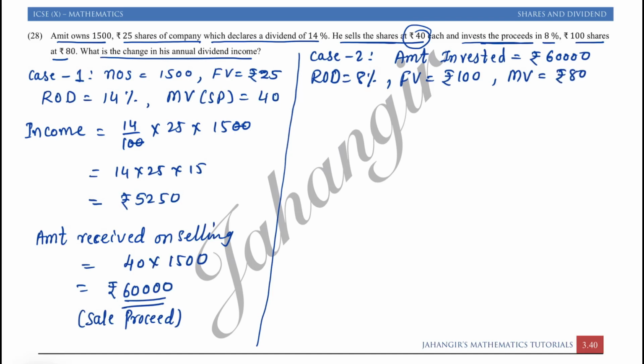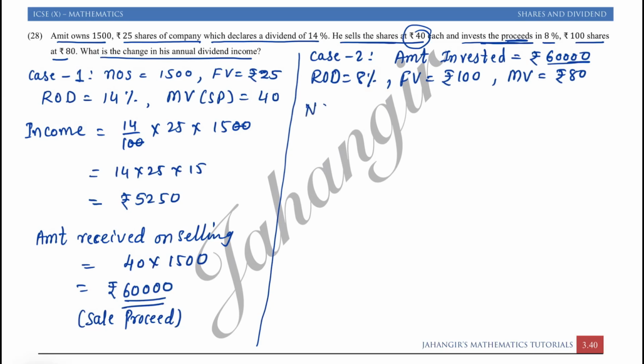So hope you understood how we got the amount invested. We had one company's shares, we sold that 1500 shares of company X, let's say, and we bought another company Y's shares. The same amount which we get after selling one kind of shares, we are investing in another company, that is called sale proceed. Whenever they say proceed, it means the whole amount goes to the other company.